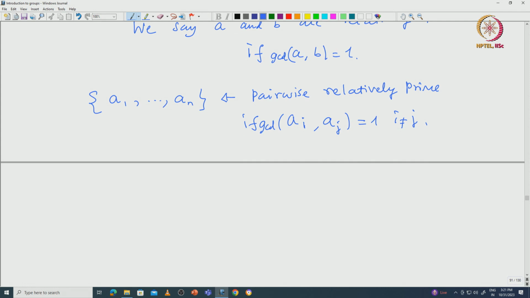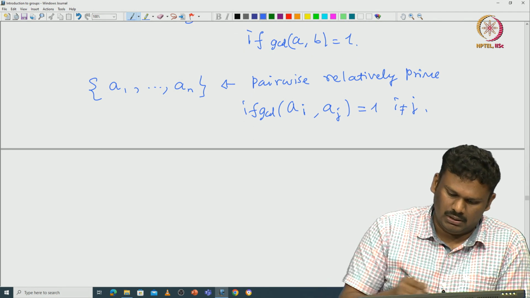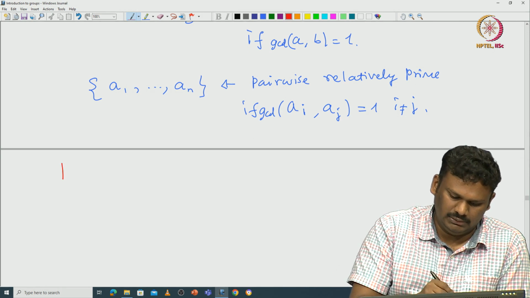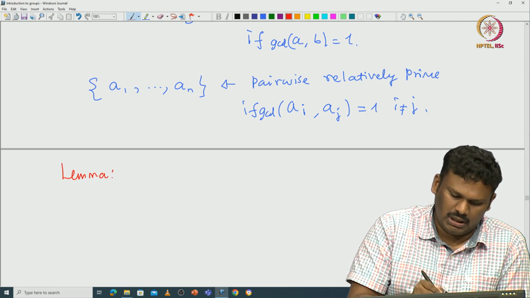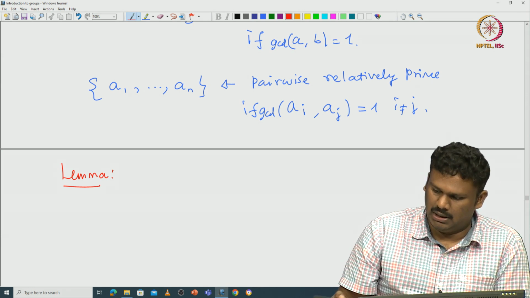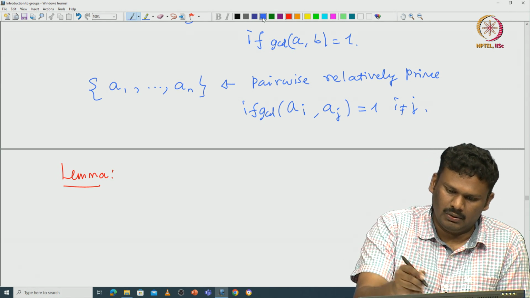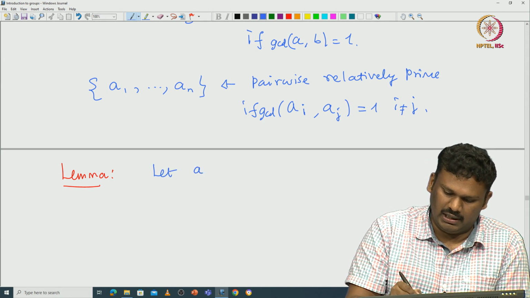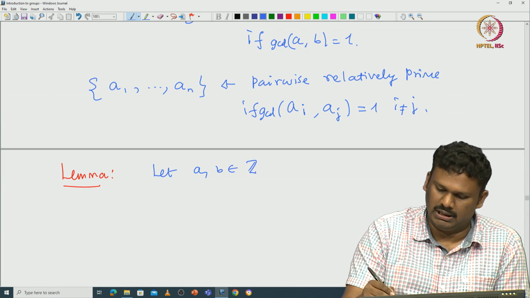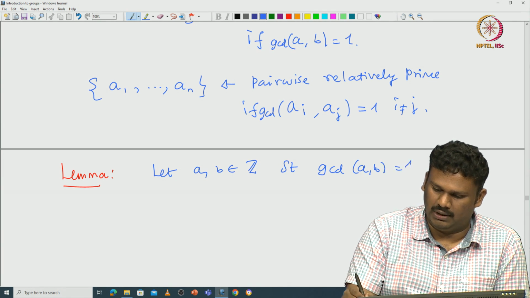So now let us start with A and B being co-prime integers. That means the GCD of A comma B is 1. Okay, so here is a small lemma, and it is a very important lemma in order to prove, for example, that prime factorization is unique. We use this lemma. Okay, so you start with A, B in integers such that the GCD of A comma B is 1.